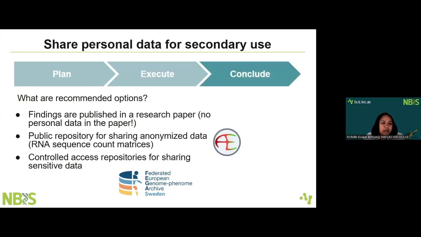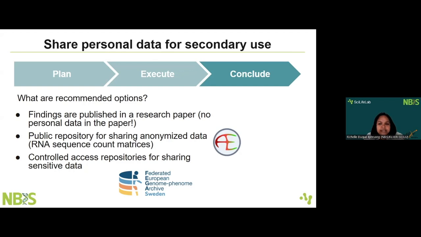Once you have finished data collection and are about to conclude your project, here are some options for sharing your data for secondary use. Either you publish it in a research paper, but make sure that there is no personal data in the paper, just the findings or aggregated results. You can also use a public repository for sharing anonymized data.